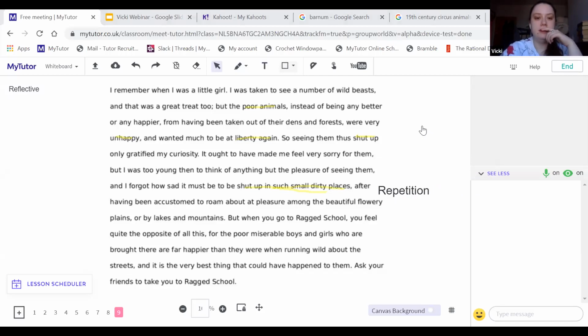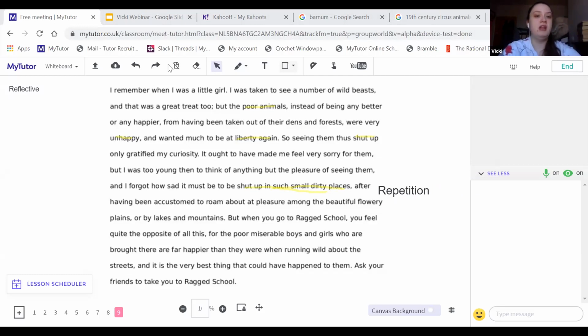Metaphorical. Okay, can you tell me why you think that this is metaphorical? Anecdotal. Yeah, absolutely. Uses wild beasts to contrast how the animals actually are, because they are locked up, and she calls them poor animals. Yeah, that's really nice. That's fab, Emma.